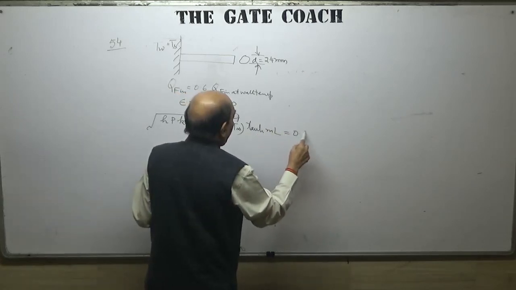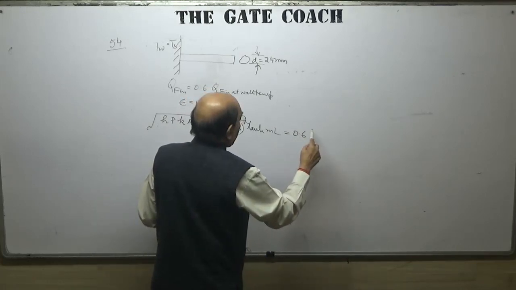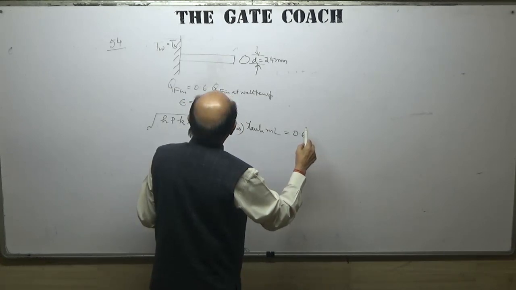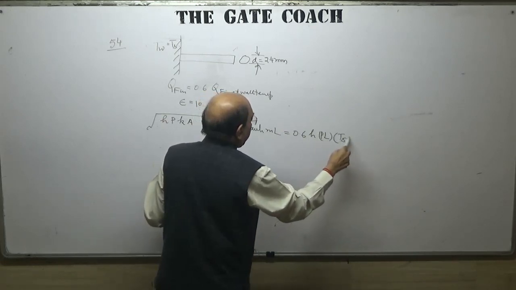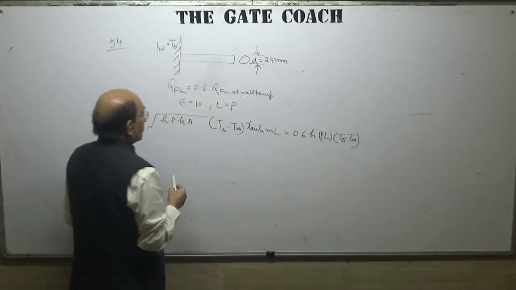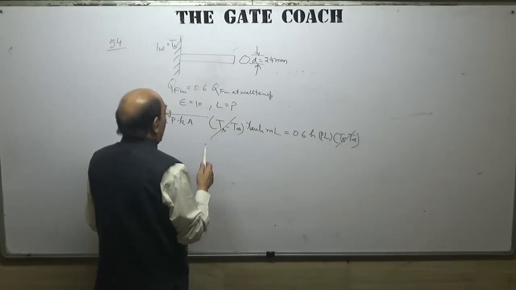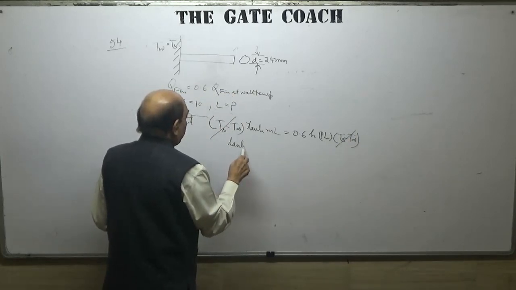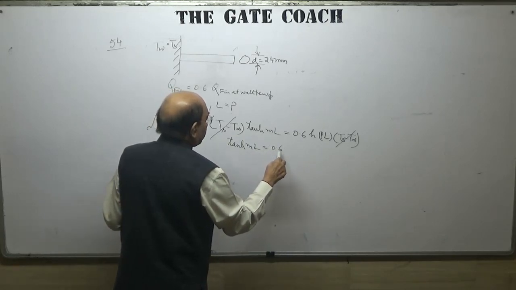This is equal to 0.6 of the heat transfer if the entire fin was at the wall temperature. That means hA is P into L into temperature difference Ts minus T infinity. So Ts minus T infinity gets cancelled. From here, I can get the value of tan hyperbolic mL, which is 0.6 hPL upon under root of hPkA.